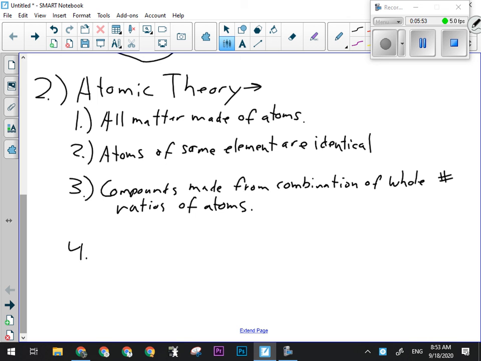And the fourth point talks about what happens in a chemical reaction. Atoms can be rearranged, joined, or separated, but they can't be turned into other atoms. They also can't be destroyed, that's true, but they can't be turned into other atoms.